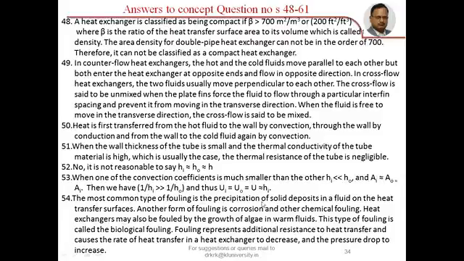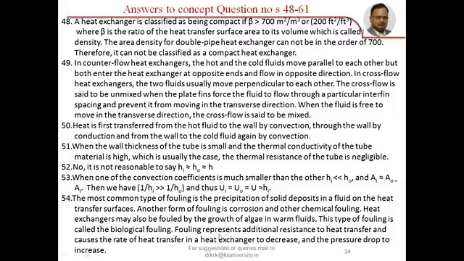Anyhow, next question. The most common type of fouling is precipitation of solid deposits in a fluid on the heat transfer surface. Another form of fouling is corrosion, chemical fouling. Heat exchangers may also be fouled by the growth of algae in warm fluids. This type of fouling is called biological fouling.